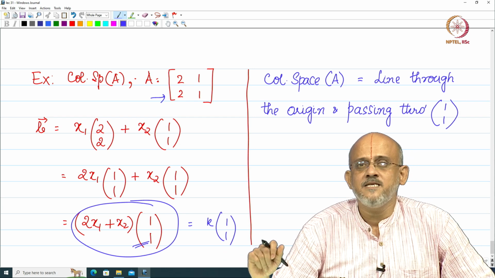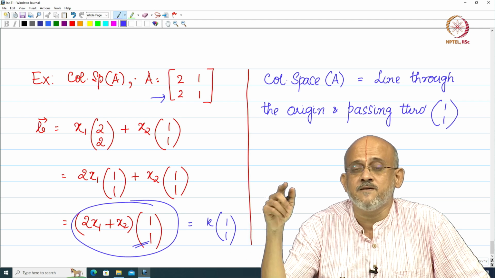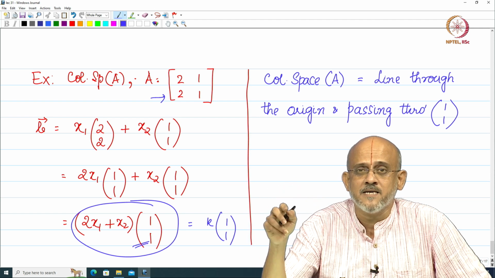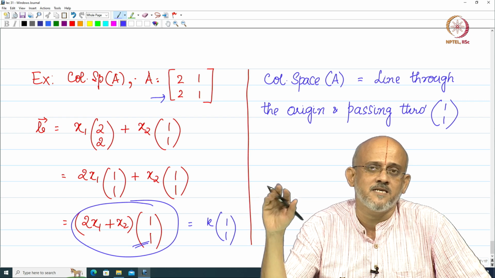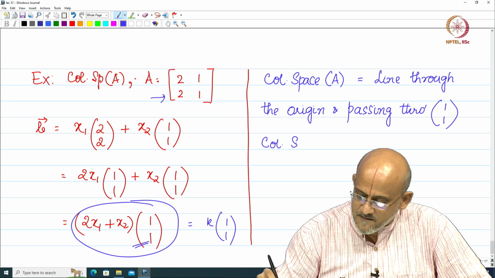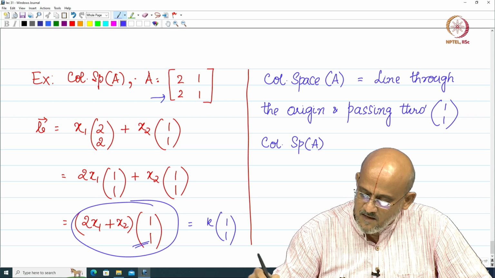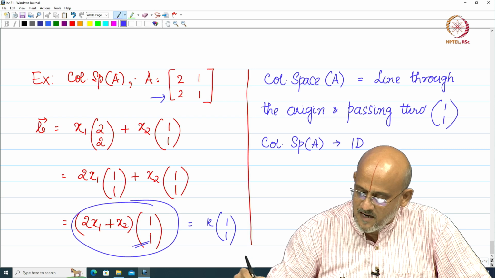So the geometry here is a line passing through the origin, and we found something interesting. A line passing through the origin is actually a one dimensional subspace of a higher dimensional vector space. So we are going to say the column space of A is a one dimensional subspace of R2.